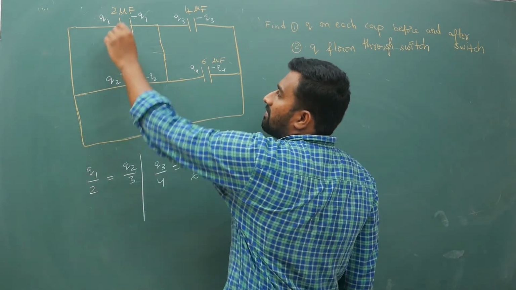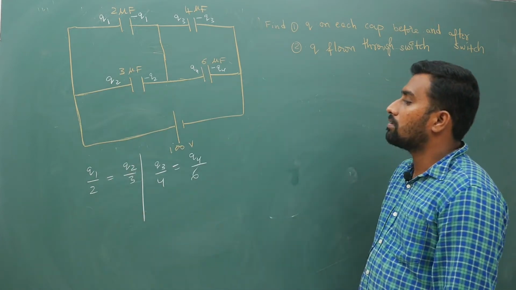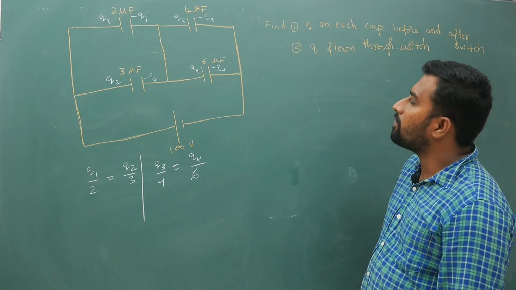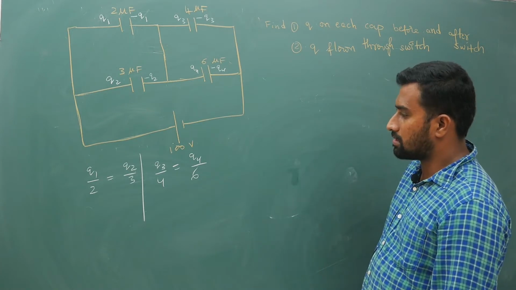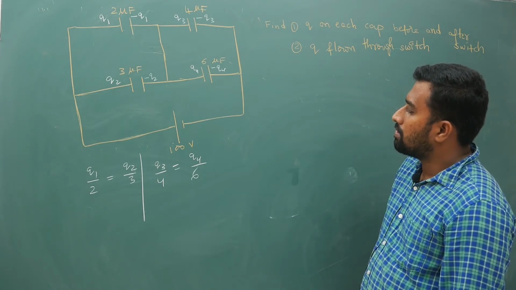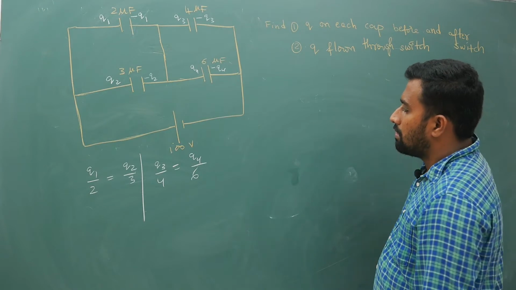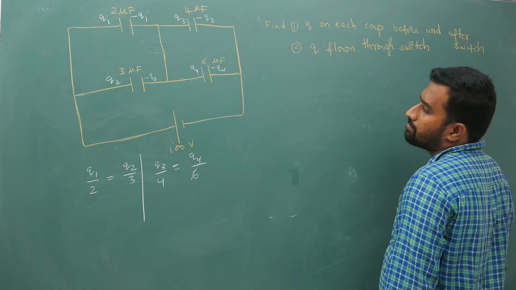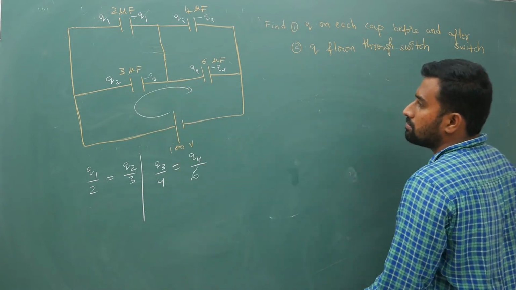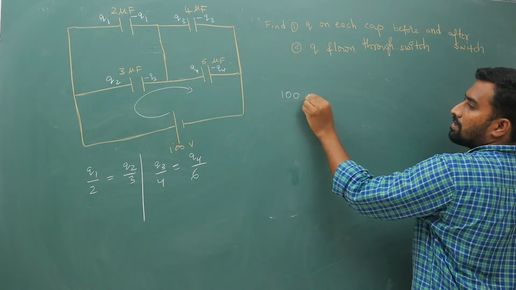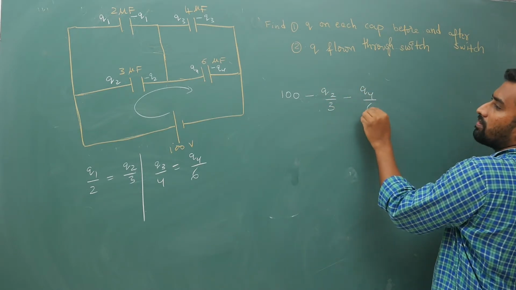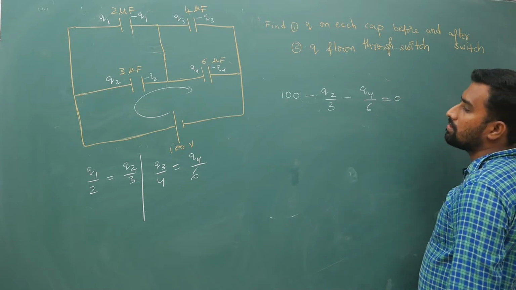Your potential difference is charge by capacitance. So q1 by 2 is equal to q2 by 3, q3 by 4 is equal to q4 by 6. Now next, if you take Kirchhoff's law only in the bottom part, then this will become 100 minus q2 by 3 minus q4 by 6 is equal to 0.